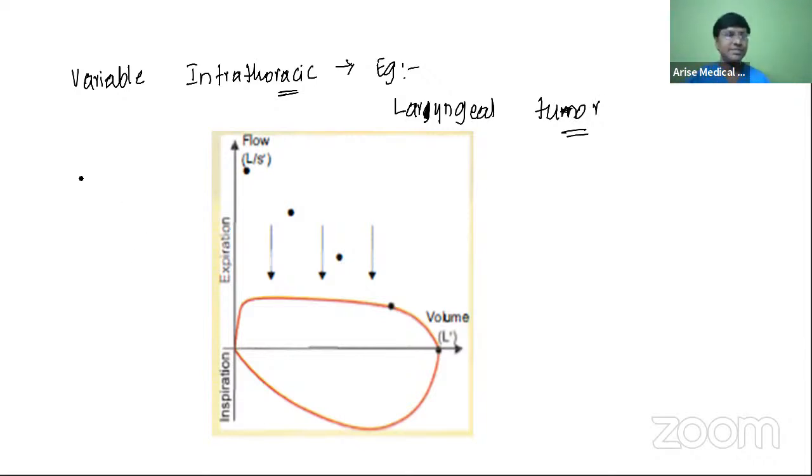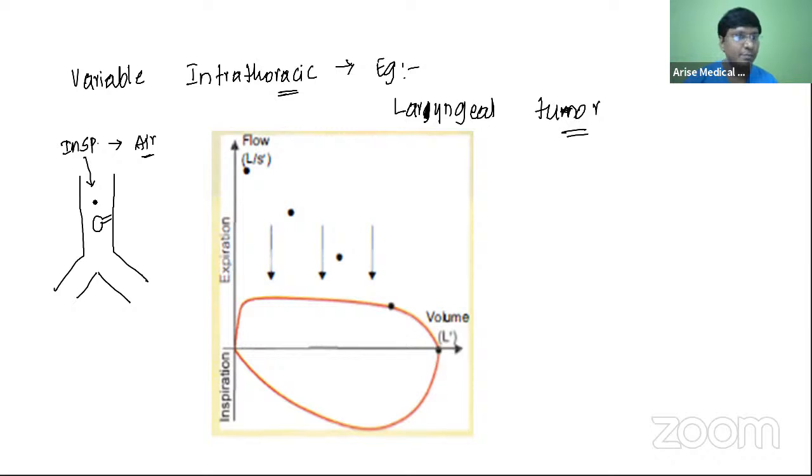Now, you see this is the trachea, and this is your laryngeal tumor. During inspiration, the air will push the laryngeal tumor towards the wall of the larynx.